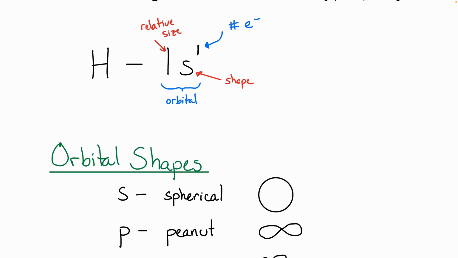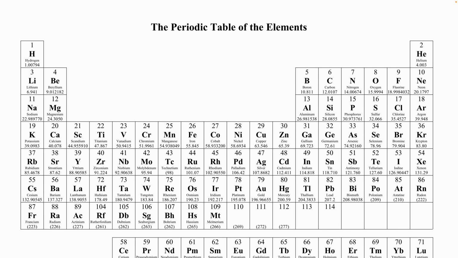All right, so when we're talking about our periodic table here, we need to cut this up into these different blocks. All right, so assigning electron configurations.